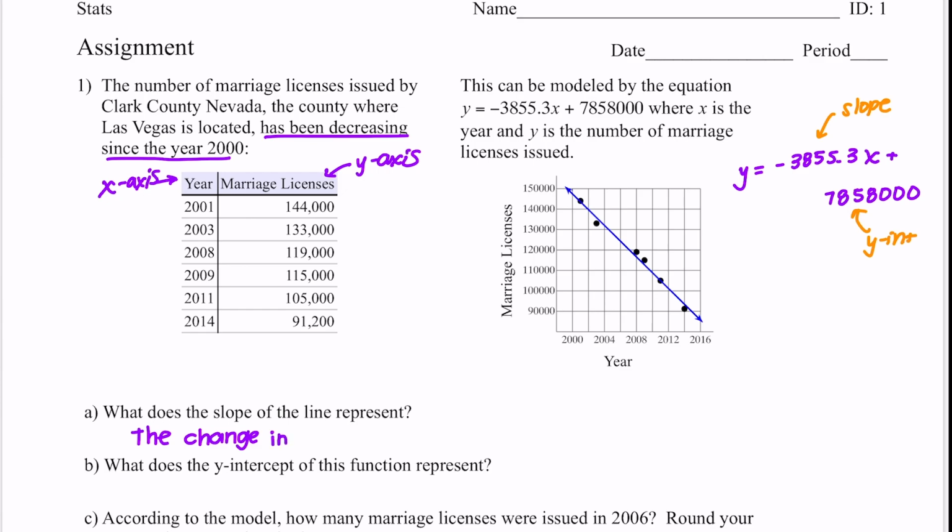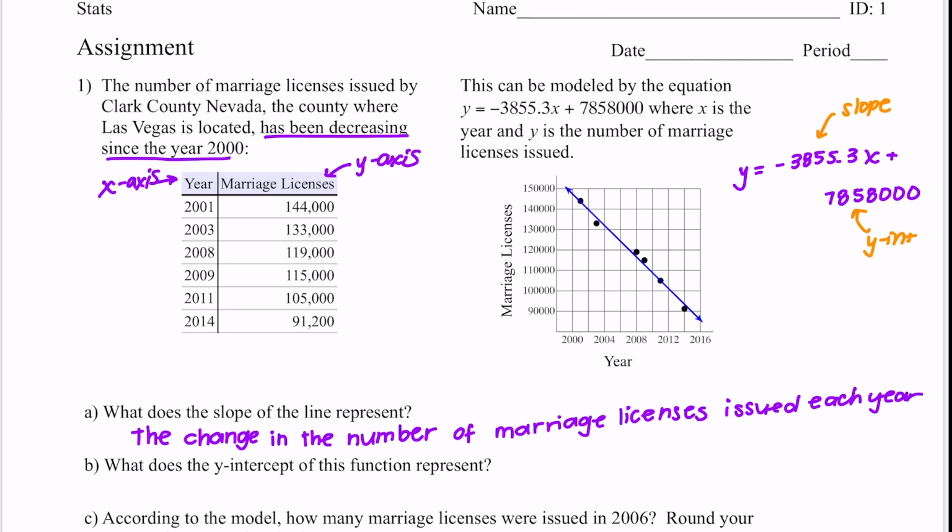And because we know that it's decreasing, we see that there's a negative sign in front of the slope number. And you don't have to write down what the slope number is, you just have to write the meaning of the slope. Okay? And so the slope represents the change in the number of marriage licenses issued each year.